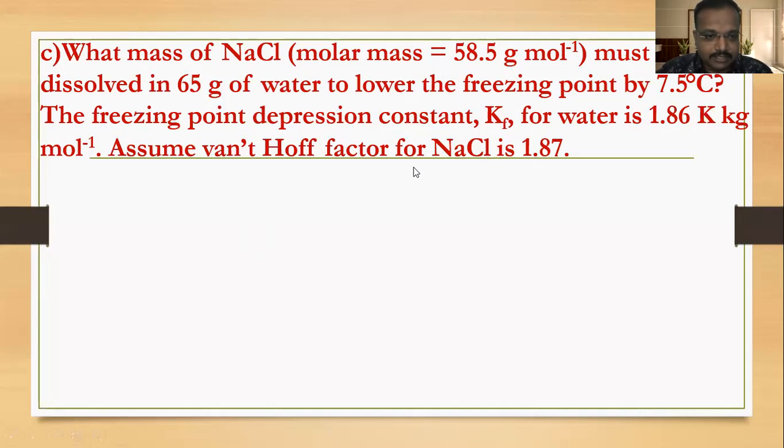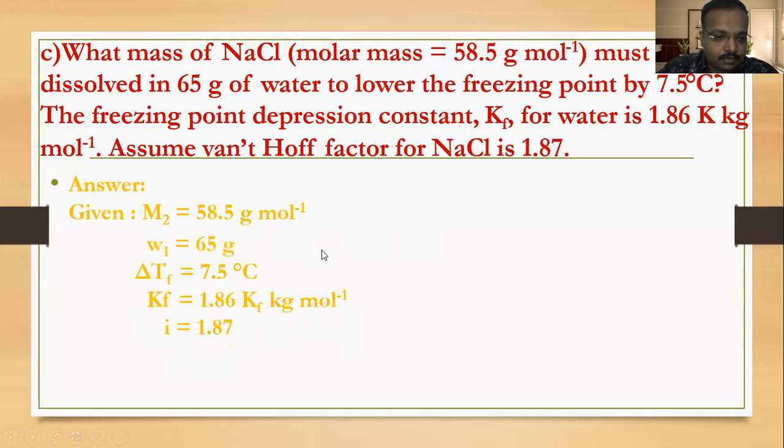So let's go into the answer. Given M2, the molar mass, is 58.5. W1 is the mass of solvent, that is 65 gram. The change in freezing point depression, delta Tf, is 7.5 degrees Celsius.